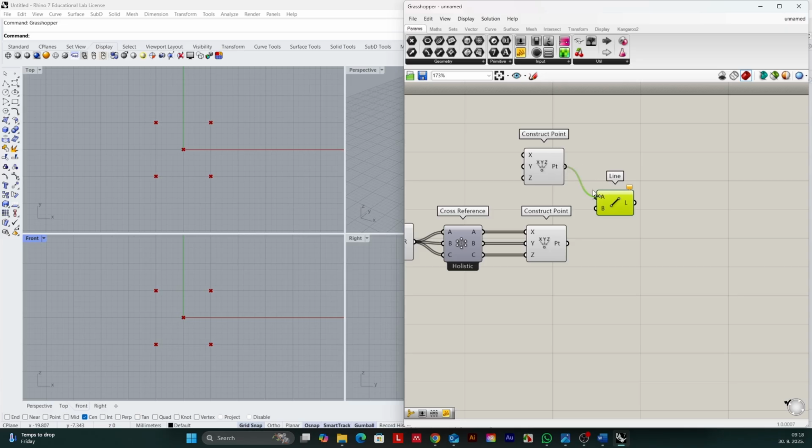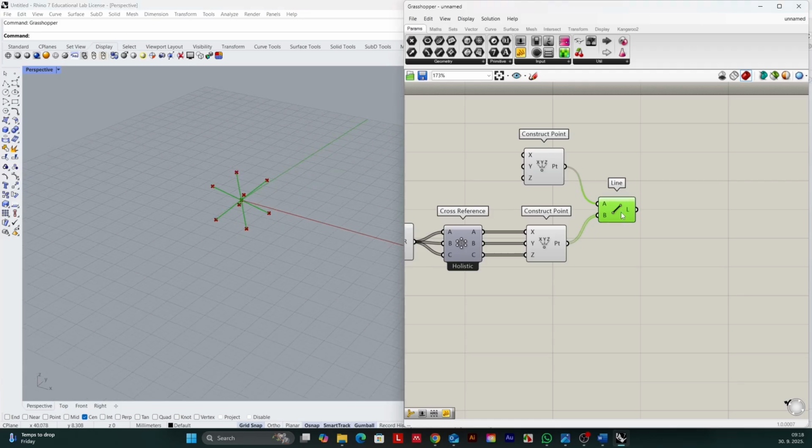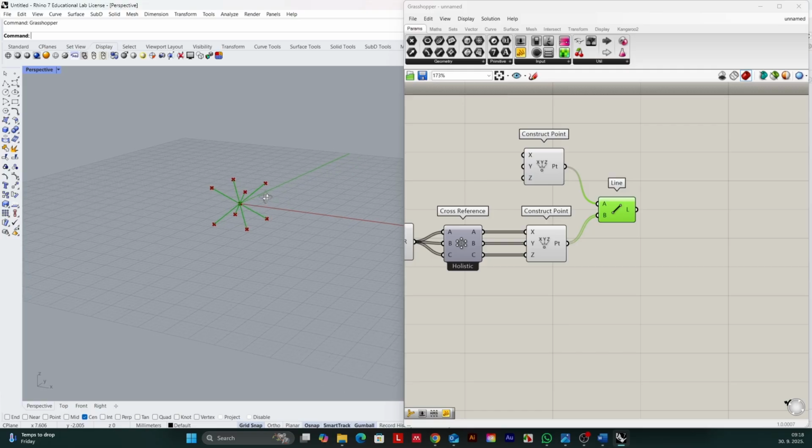The first point will be the center point or world origin 0, 0, 0, and the second point B will be our construct point representing 8 corners of the unit cell. Grasshopper will automatically create 8 lines, each starting from the single central point and ending at one of the 8 corner points.